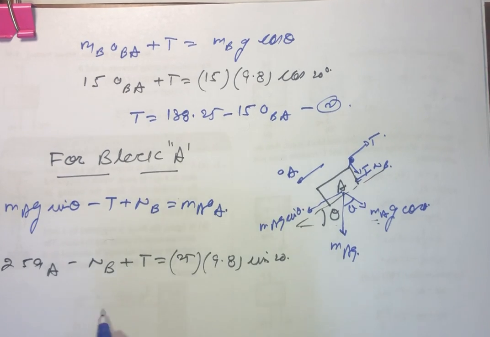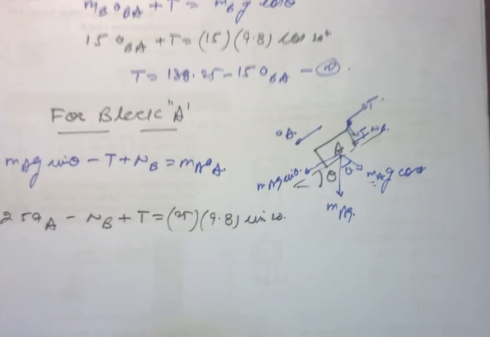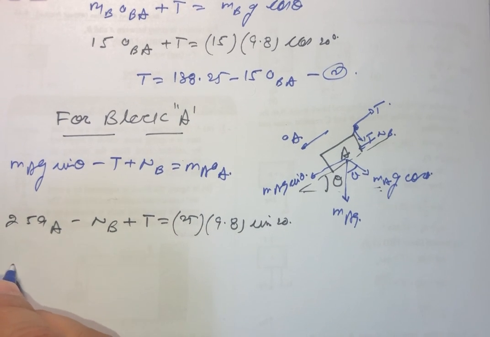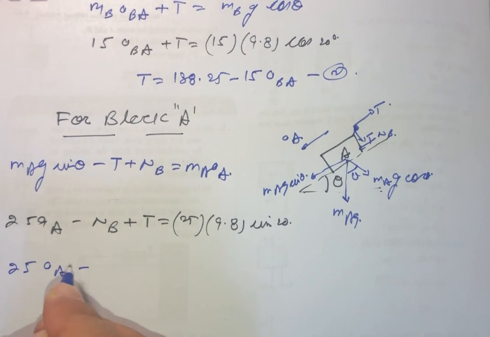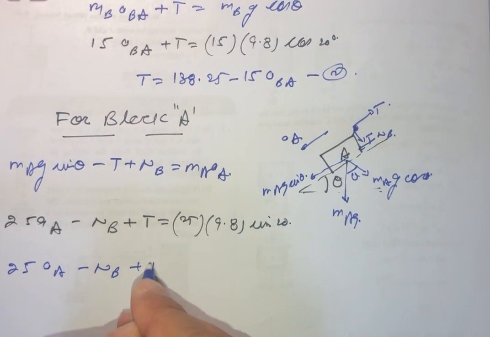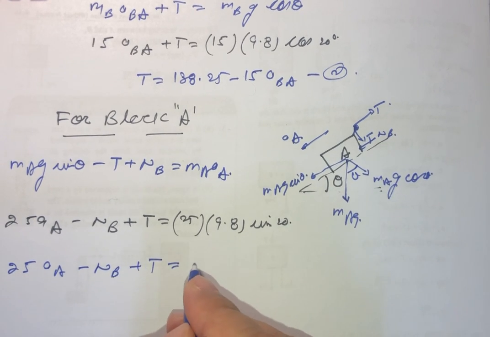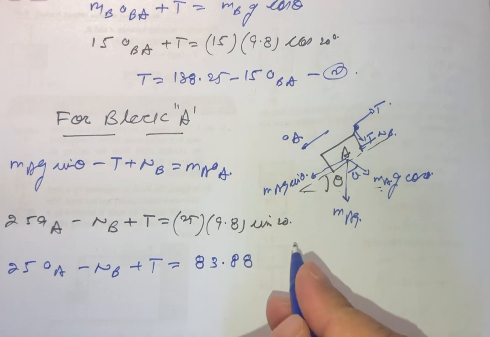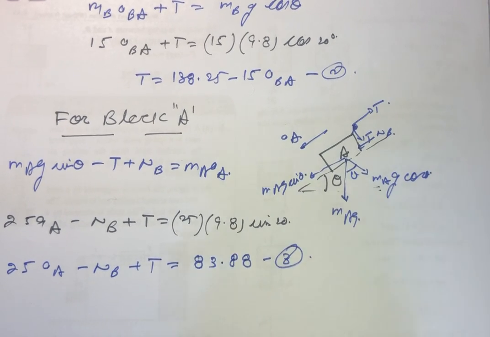So this can be written as 25A minus NB plus T is equal to 83.88. Let this be equation number 3.